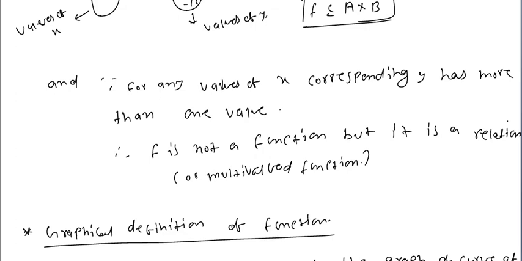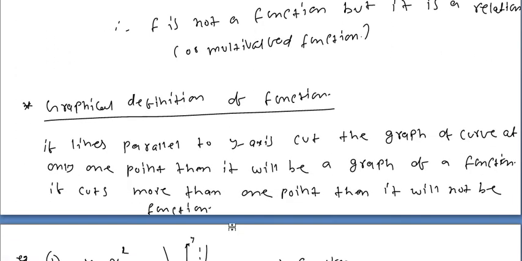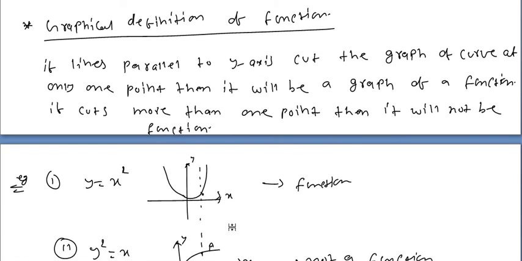Now coming to the point, the graphical definition of a function. What is the graphical definition? For the graphical definition of a function, how do we check whether it is a function or not? First of all, step 1 is to draw the graph of the given relation. The second step is to draw a line parallel to the y-axis. After drawing, check carefully whether the line parallel to the y-axis is cutting the graph at only one point or 2 points.